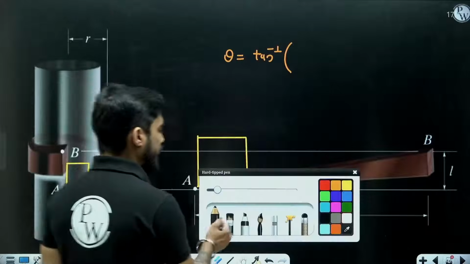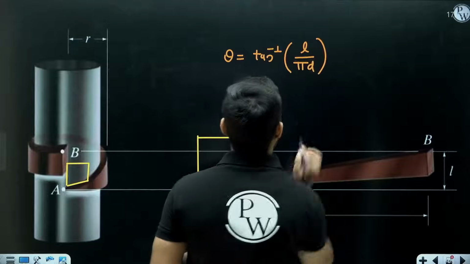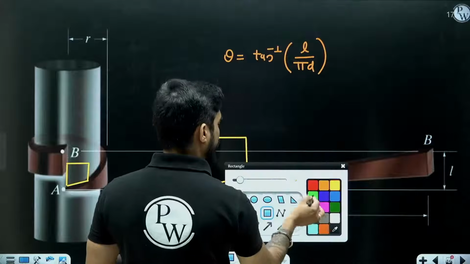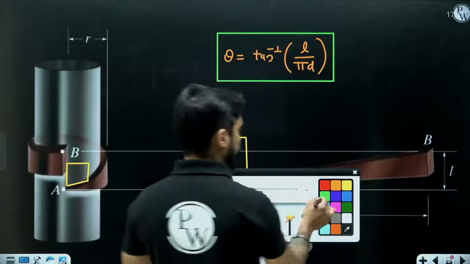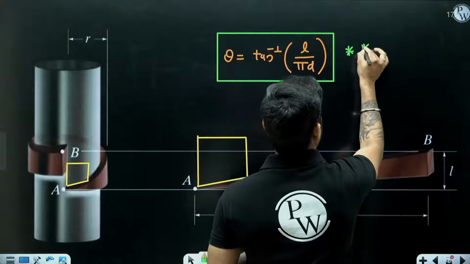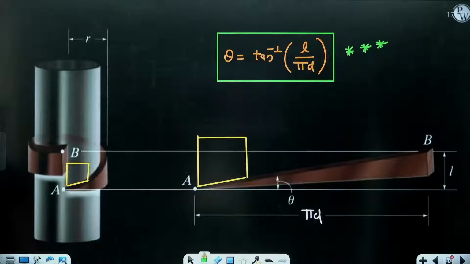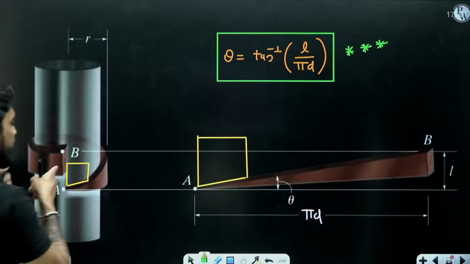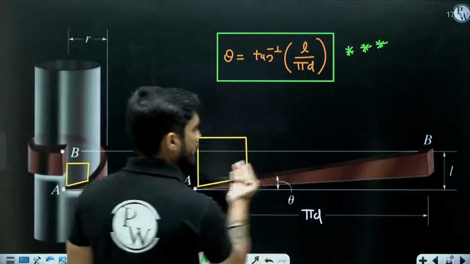Okay, so it will be tan inverse of L by pi d. So we now have this helix angle. Okay, this formula you need to remember. This is the formula for finding the helix angle. Theta equals tan inverse of L by pi d. Okay. Now understand. We need to find out how much effort we need to apply on the screw in order to move this block from here to here.